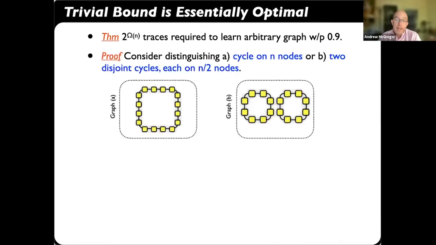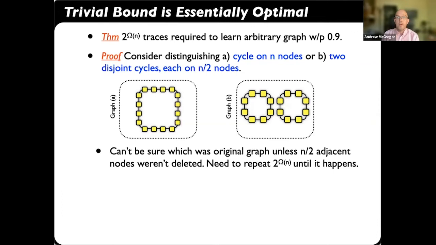The idea is to look at two specific graphs, graph A and B. A is a cycle of n nodes, and graph B is two node disjoint cycles, each on n over 2 nodes. Now, we're passing one of these graphs through the deletion channel, or rather we're getting these random subgraphs.